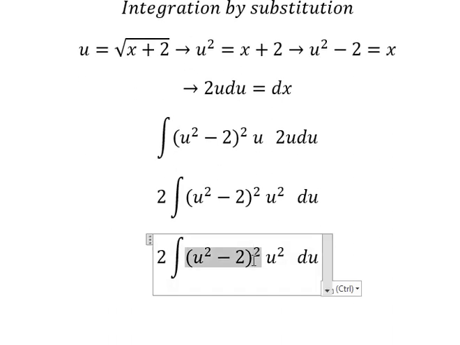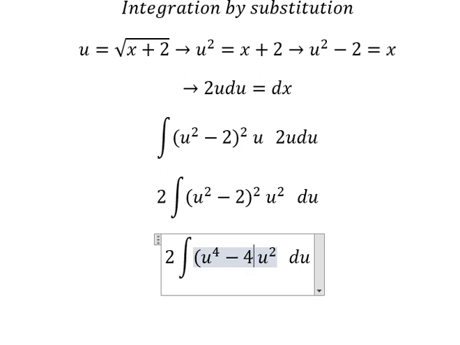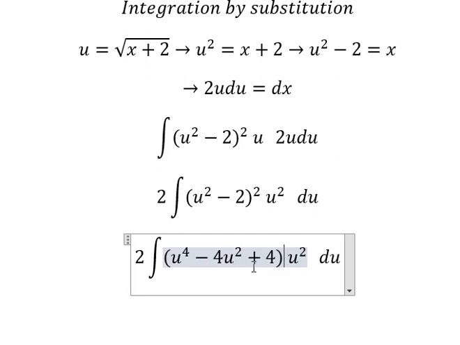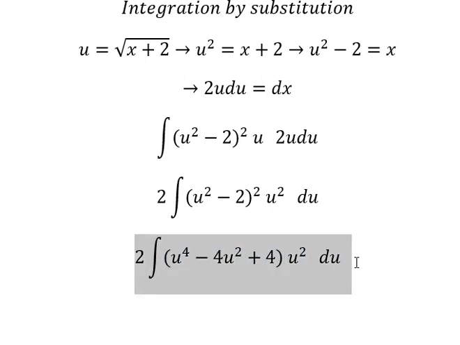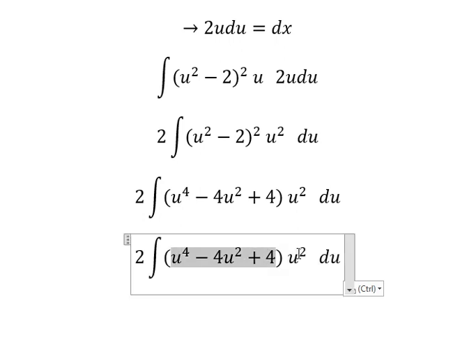Next we need to expand this one. So u squared multiplied by this one.